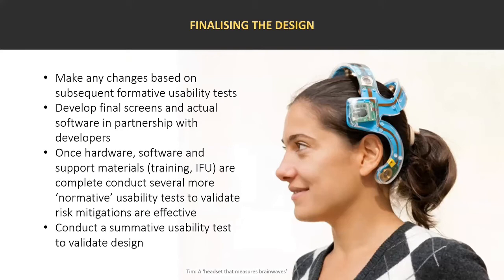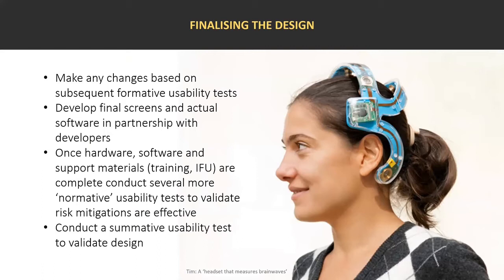Now, finalizing the design, you've got to make any changes based on formative usability tests. You develop the final screens and actual software in partnership with the software developers. So George will be picking up on that, I'm sure, in the next part of the talk. Hardware, software, and support materials, including instructions for use, are completed, conducting several more normative usability studies to validate the risk.